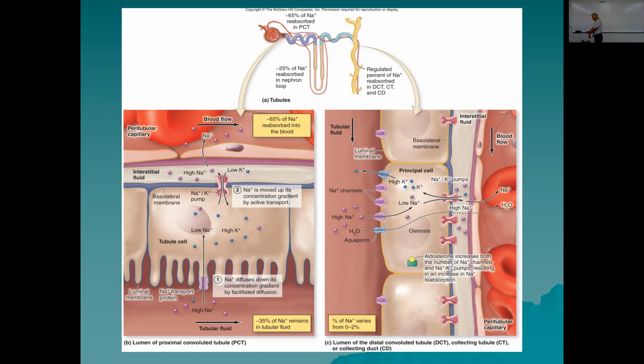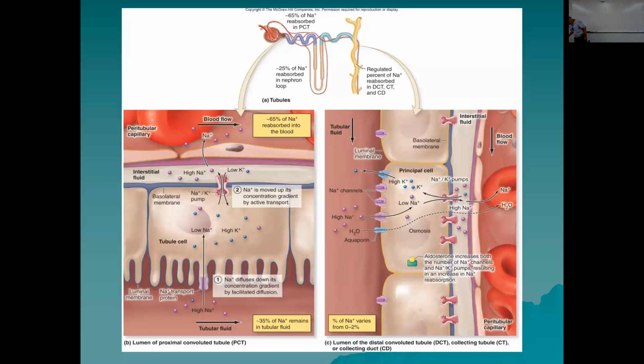And there is the situation in the lumen of the proximal convoluted tubule, high sodium coming in. It's just facilitated diffusion. And then it's actively transported out at the basolateral side, and then it enters the blood. And that is automatic. That's not regulation. The regulated part is on the right. We have principal cells, and you have aldosterone present.